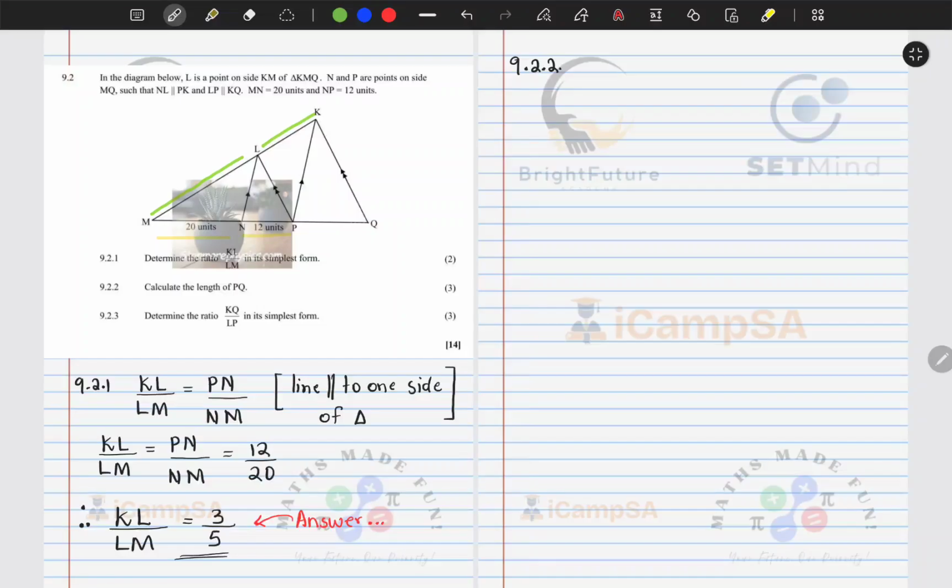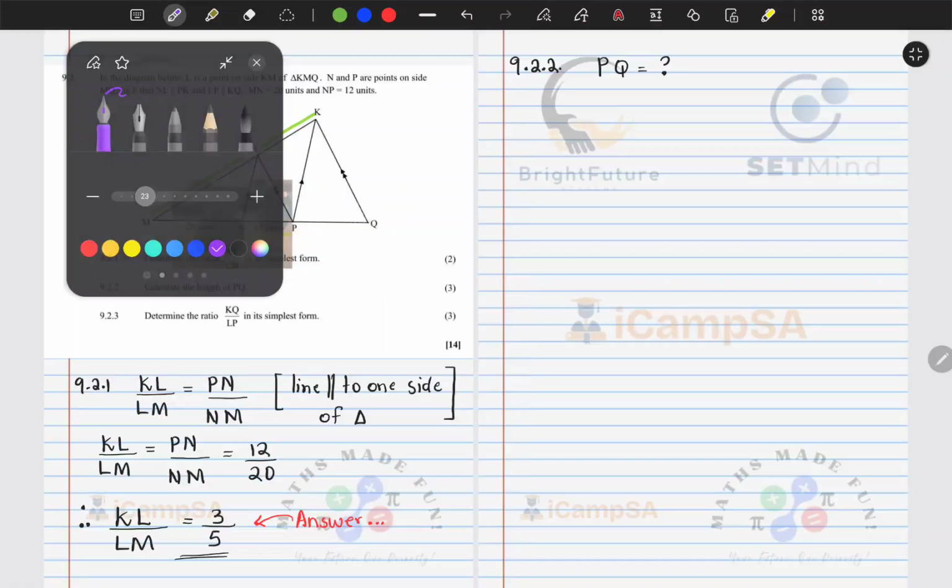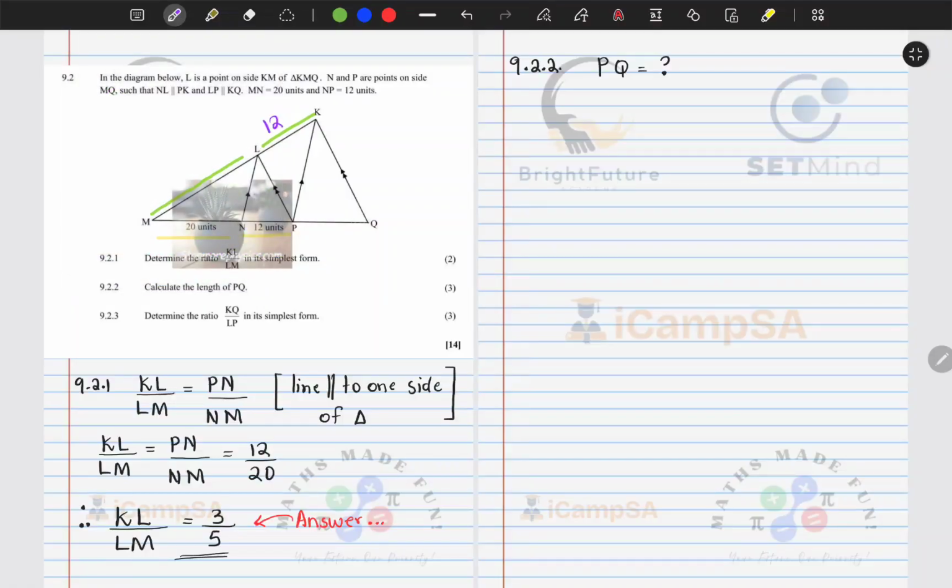9.2.2. We are required to calculate the length of PQ. What is PQ equal to? For this, I'm going to be very careful in approach. I'm going to call this side 12x, then I'm going to call this 20x.